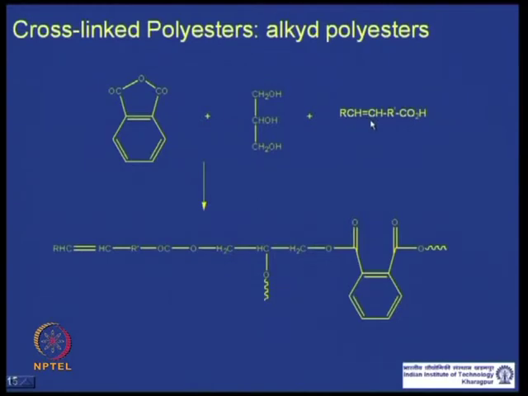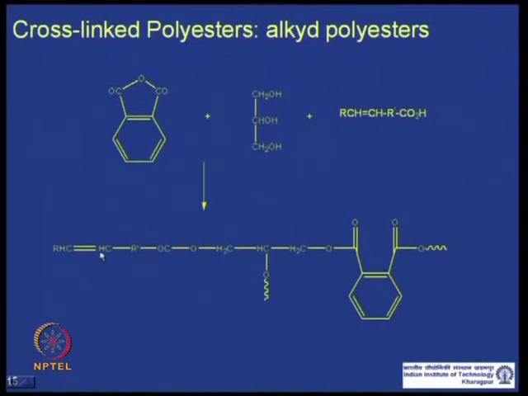These are typically available as fatty acids. There are lots of fatty acids which can be unsaturated, where you have an unsaturation or double bond on the other side, not necessarily at the end, but the other side. Now, this double bond is free to undergo chain polymerization.